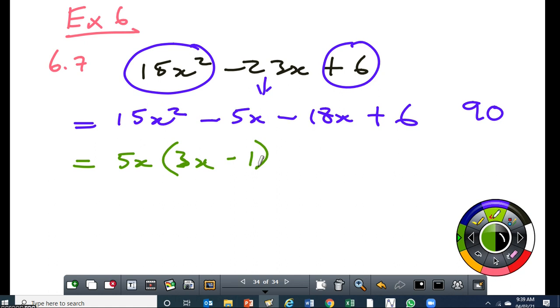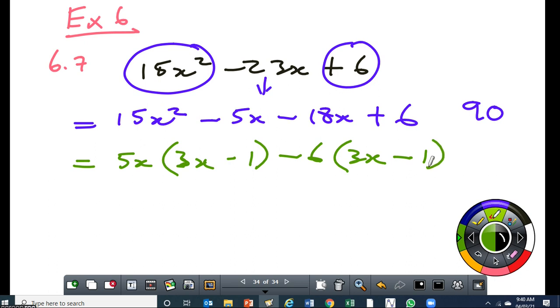If you want to create this 3x minus 1, you have to take out negative 6. If you take out positive 6, you will never be able to get the first binomial factor. So take out minus 6, then open bracket, minus 18x divided by minus 6 will give you 3x. Positive 6 divided by minus 6 will give you negative 1.